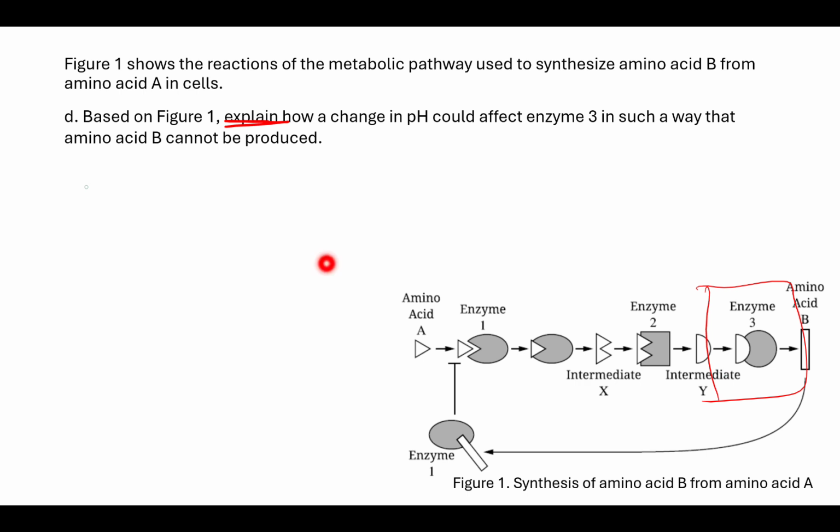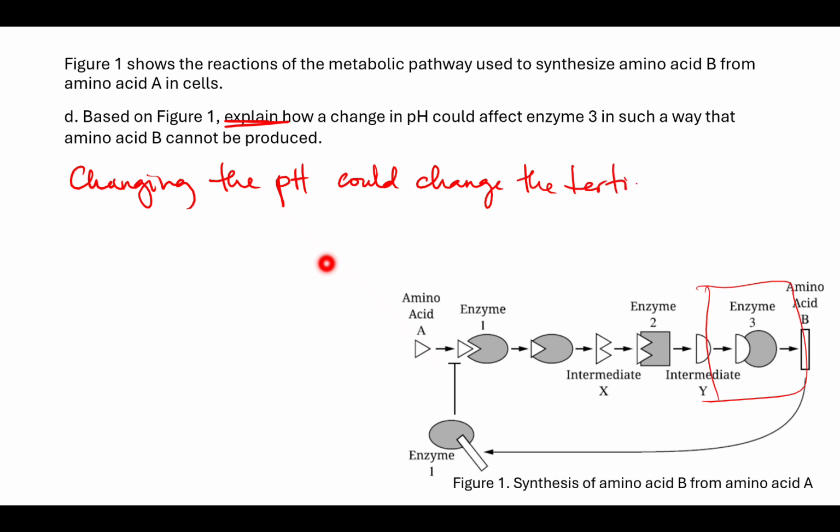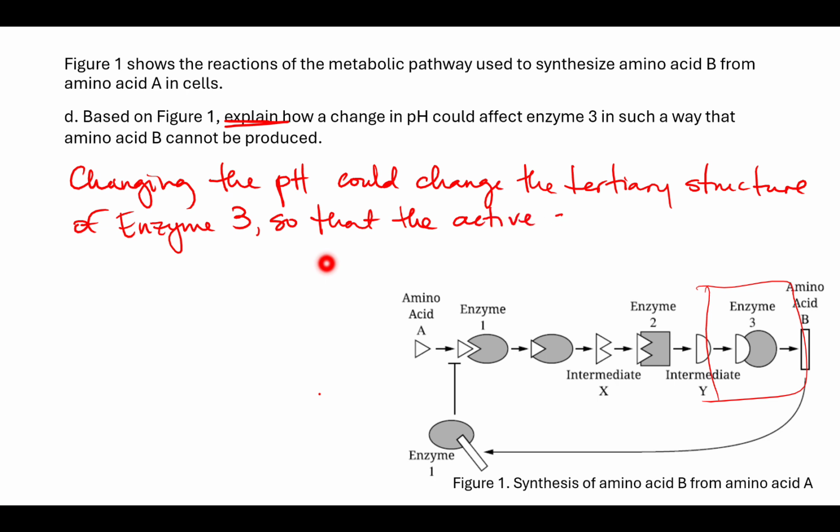Well, this basically goes into the fact that changing the pH could change, you could say, the tertiary structure of enzyme 3 so that the active site won't bind, and we can look at what enzyme 3 acts on, won't bind intermediate Y.